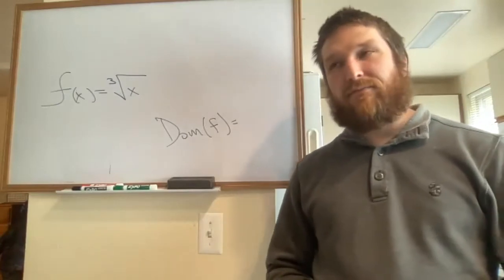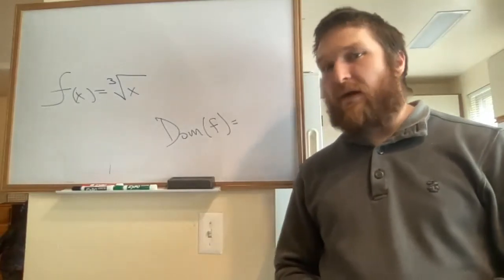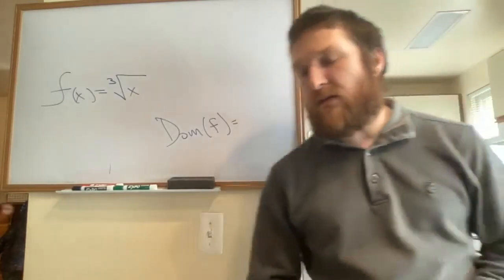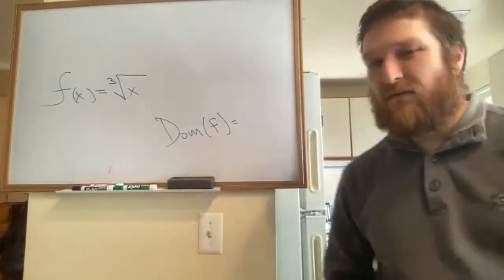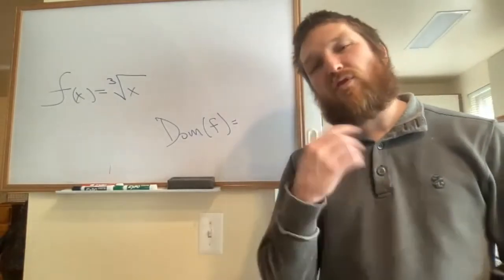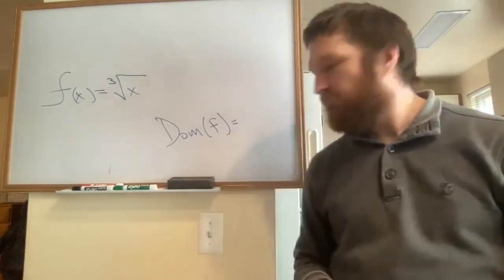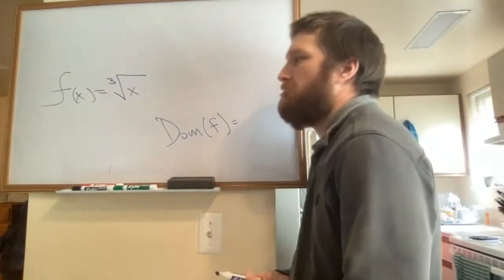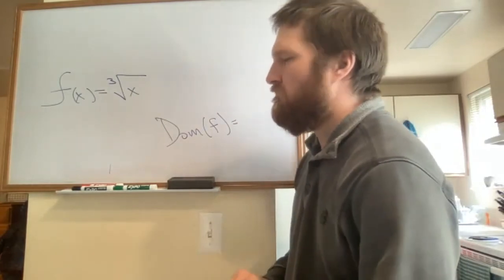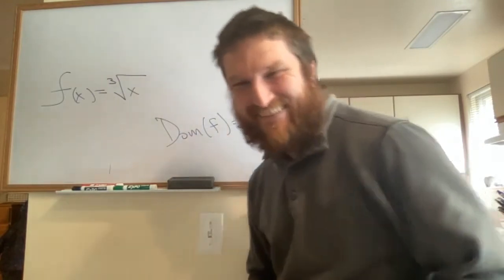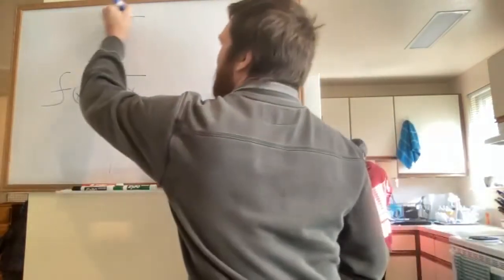Well, first off, 0, there's no problem there, right? Kind of by analogy, there's no problems with the positive numbers, right? I mean, are there any problems with cube roots of negative numbers? No. Because think about it.